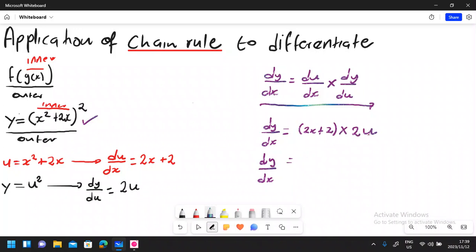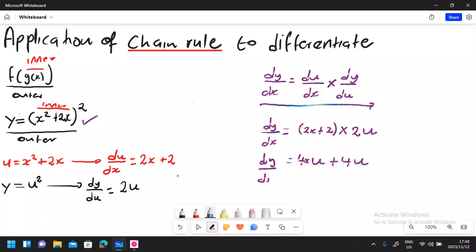So I can say, let me just multiply here before I change the u, removing the brackets. So you're going to have 2x, oh sorry, not 2x. If you remove the brackets, it's going to be 4xu plus 4u.